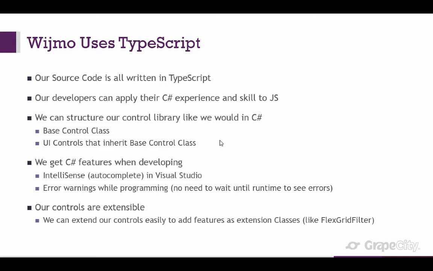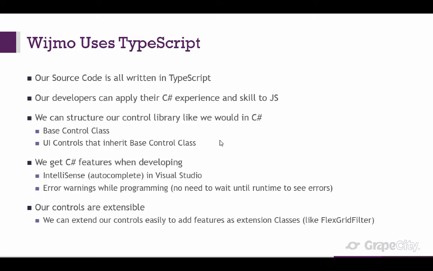Our developers have been able to apply their C# experience and skill and essentially be able to develop really high quality JavaScript components using their C# experience. Now we have a lot of JavaScript experience as well, but it was just kind of a bonus to be able to really quickly have that same object-oriented architecture that we would have in a C# control library, only we're doing in JavaScript.